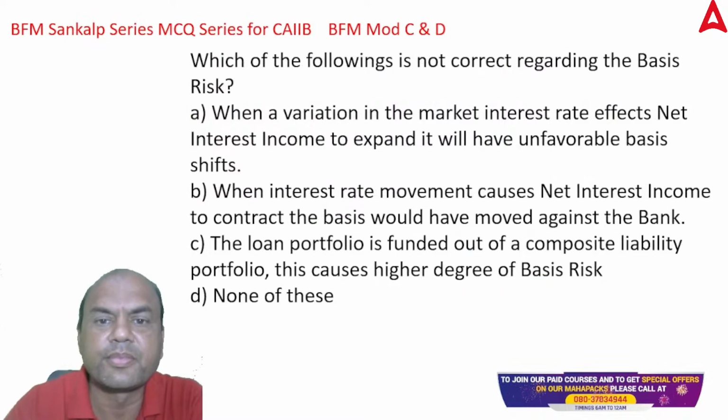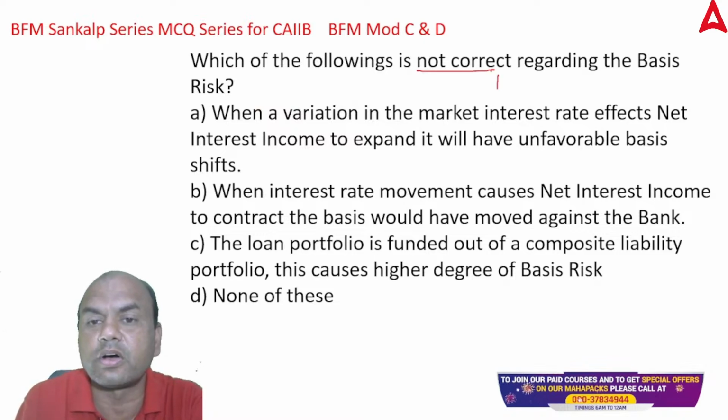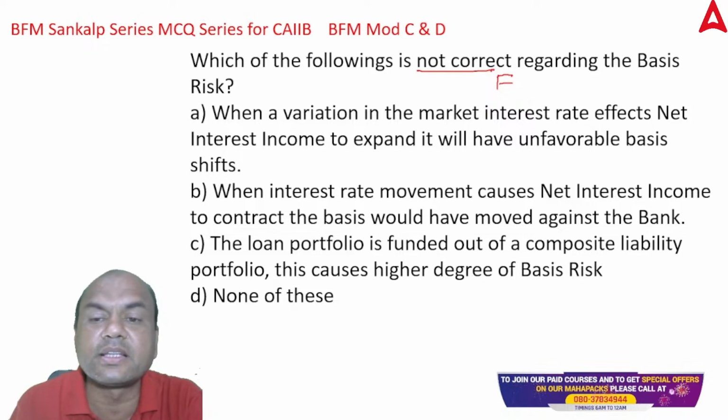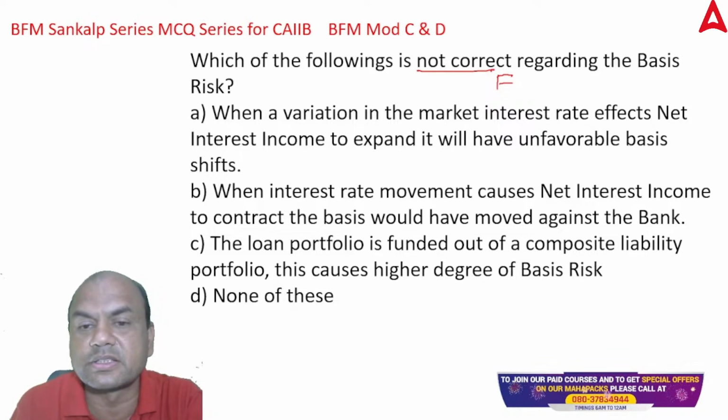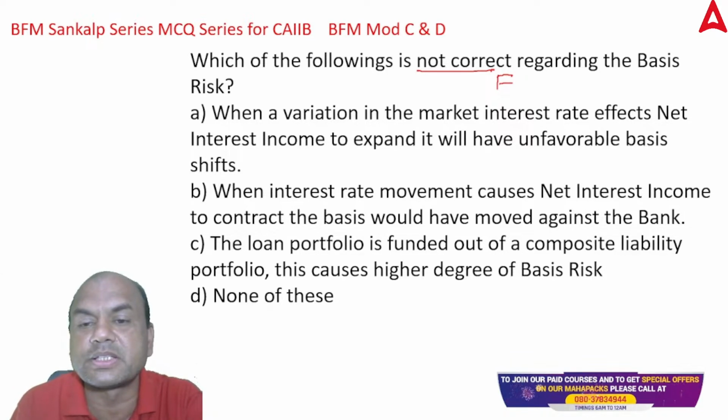Okay. Which of the following is not correct regarding the basis risk? Not. So again, we want what? False. Always immediately mark this. You want the false answer. When the variation in the market interest rate affects net interest income to expand it, it will be unfavorable basis shift.